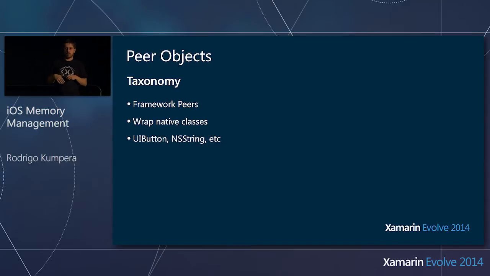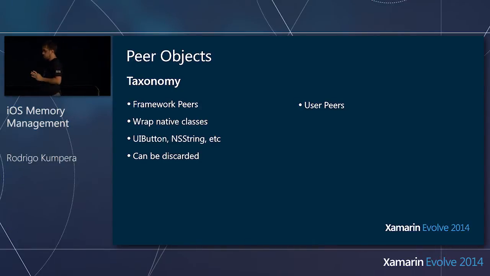So those are what you would see as the most common types around. And they have a very interesting property. The managed state of a wrapper object, of a framework peer, can be discarded. Because in fact, there is no state there. If you look at the managed content of an NSString, you're going to find nothing, because all the state, all those small characters you have there, live in native. So we can discard them if we find that we need to. On the other end, we have user peers.